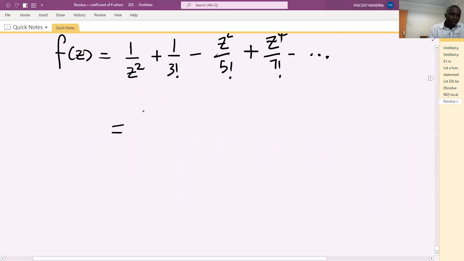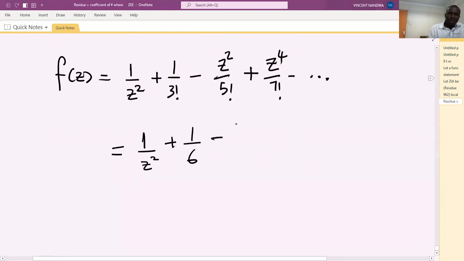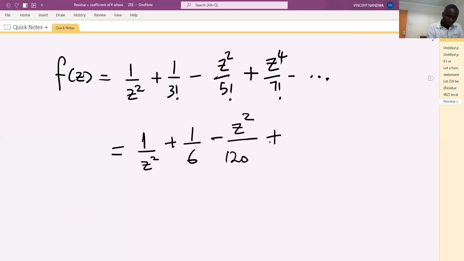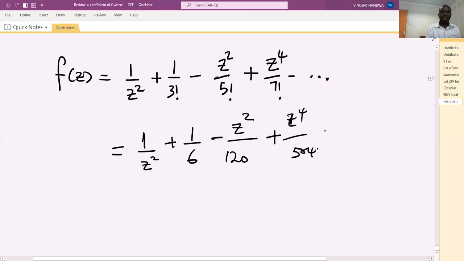So which can be written as 1 over z squared plus 1 over 6 minus z squared over 5 factorial, which is given by 120, and then plus z power 4 over 7 factorial, which is 5040, plus other several terms.